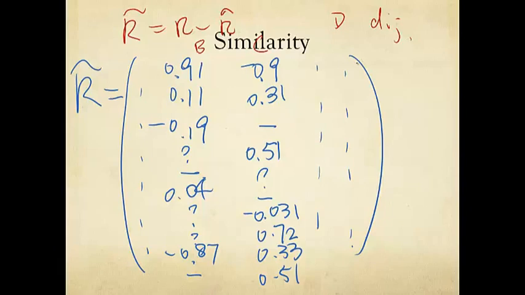Let's say we look at the movie pair BC. This is movie B, this is movie C. Out of the 10 users, how many users have already rated both movies B and C? Well, that's 1. User 1 rated both, user 2 rated both, but then other users either have not rated some movie, or they have rated but we can't use those for training.